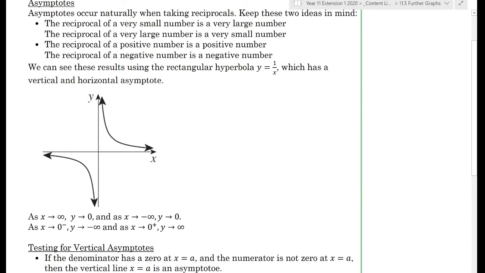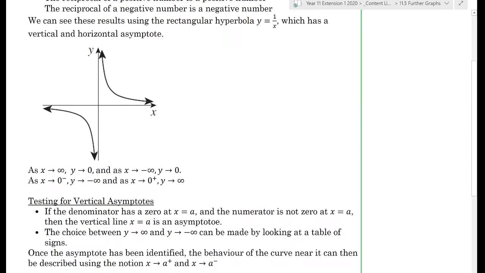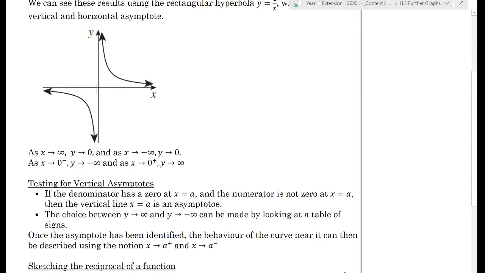It's never actually going to touch it, because remember, we can't divide by 0, but we can look and see what happens either side. To test for a vertical asymptote, look at the denominator: if the denominator is 0 at x equals a, and the numerator is not 0 at x equals a. For example, 1 over x: when is the bottom 0? At x equals 0.